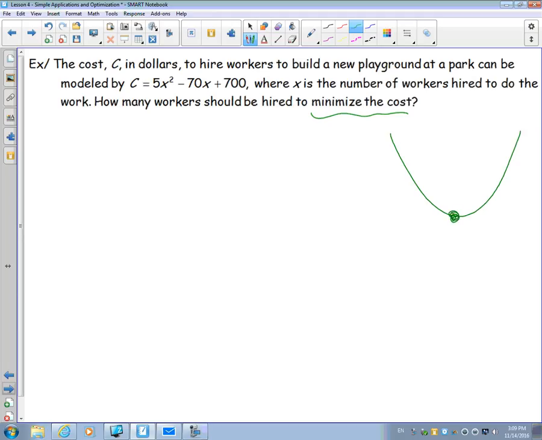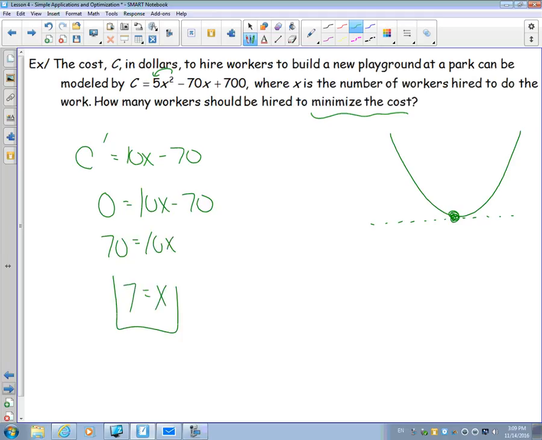I want to find that point. What do I know? I know that's the point where my derivative equals 0. So let's find C prime. 10x, 2 times 5, minus 70. I want to know where that comes out to 0. I want to solve this. Numbers on one side, letters on the other, divide it out.